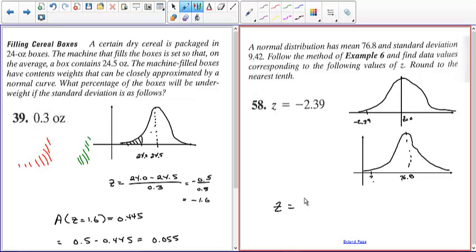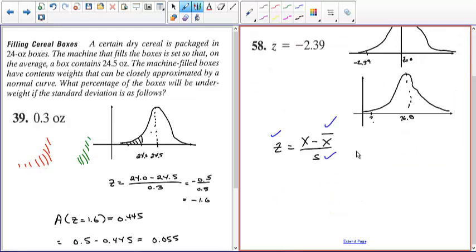It's equal to the value of the variable minus the mean divided by the standard deviation. If I check off what I know so far in this problem, I know the mean, I know the standard deviation, and I know z. So the reality is I don't have to use the tables at all. I just have to use the definition for z-score, and let me just algebraically solve it.